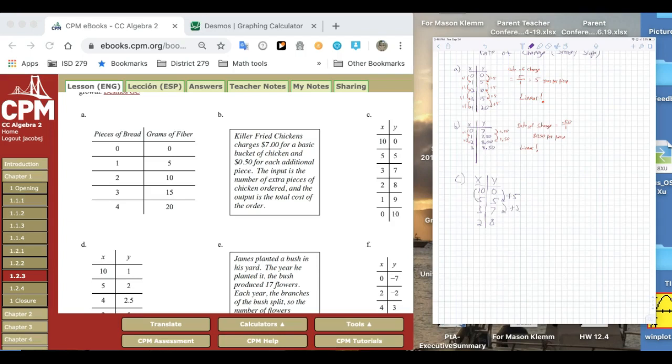And the X value is going down by 5 and down by 2. If you divide these, like check it out, we went 5 and -5. If you divide those to find your rate of change, you get -1. And if you divide these two, 2 divided by -2 is also equal to -1.